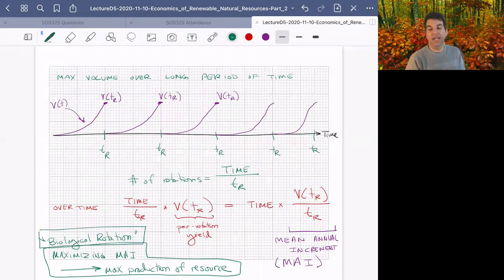And so, I think in the course notes that I've posted online, I have a calculus derivation of how to solve for the MAI maximizing approach.